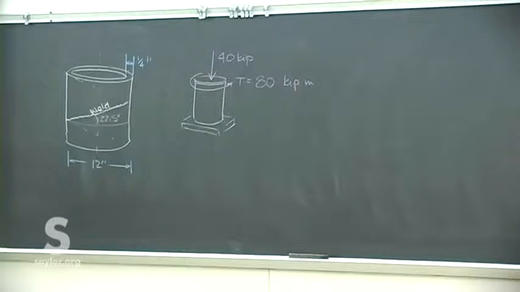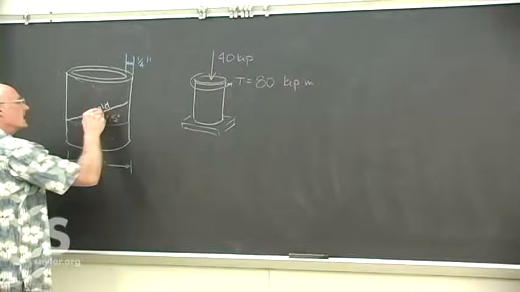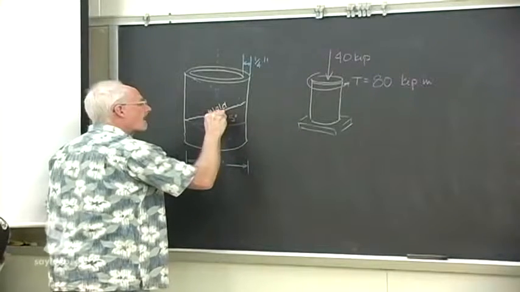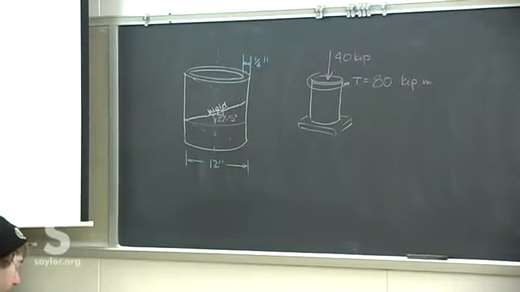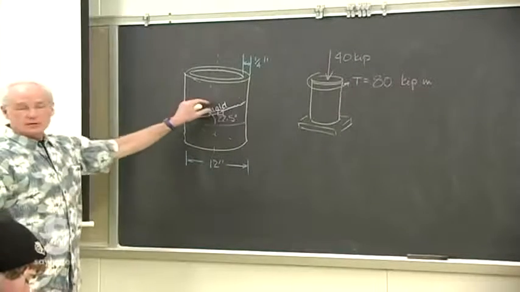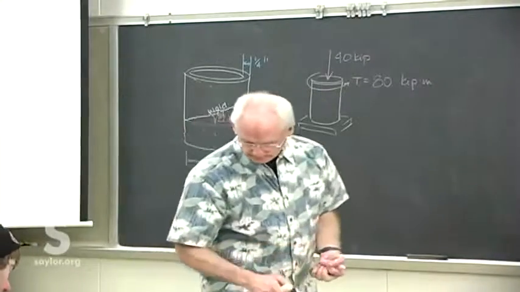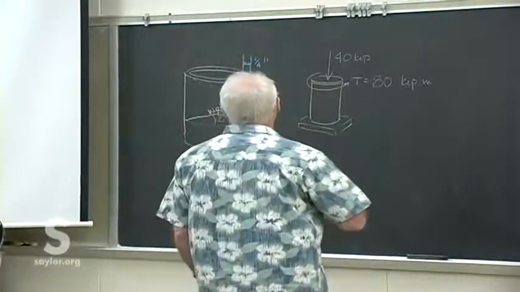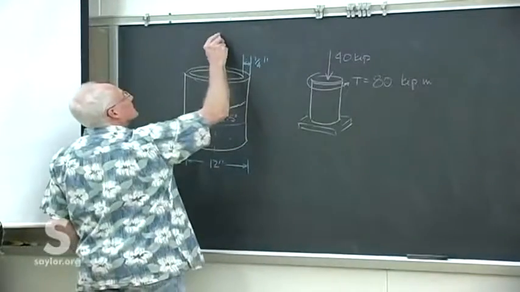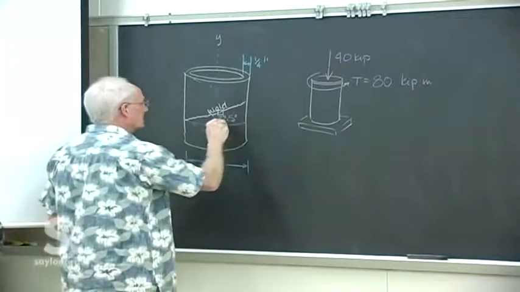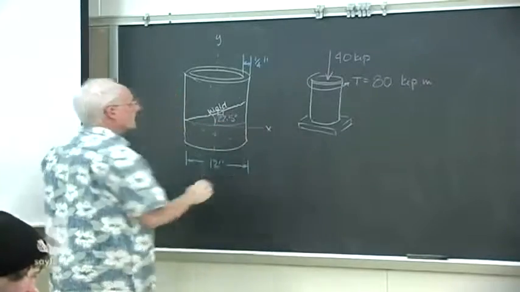So what we want to do is look at this loading, look at some elemental piece in the ordinal directions, because that lines up with the solid itself and the loads, and then take a look at the stresses at an angle of 22.5 degrees. All right, so we'll call that the y direction, and this the x direction.